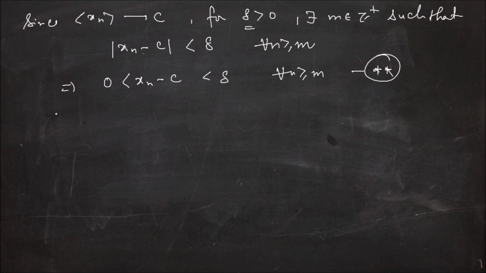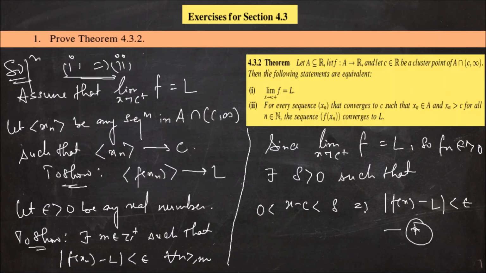Now using double star and star, because all these xn satisfy this condition, xn minus c less than delta, so |f(xn) minus L| should be less than epsilon.